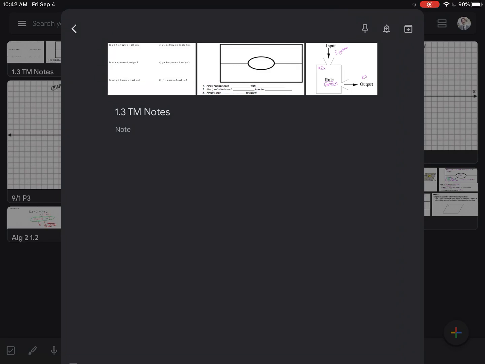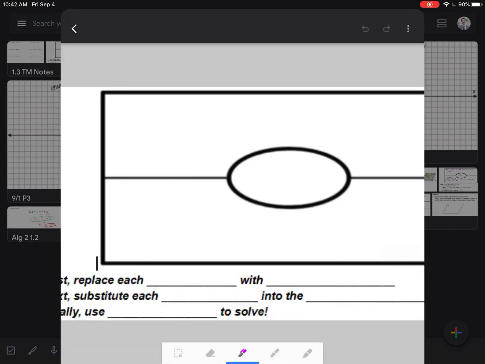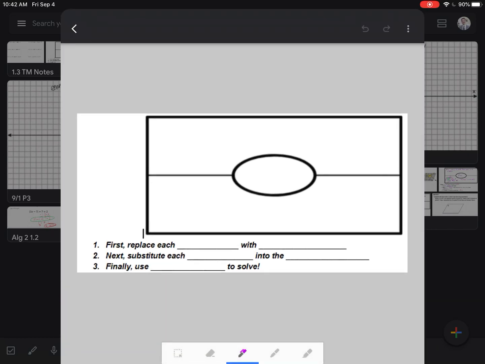All right, so jumping in here, we are going to have our vocab word today. We are looking at today evaluating expressions.